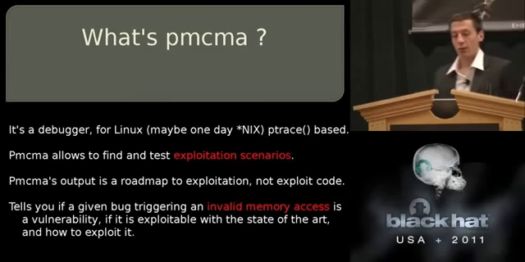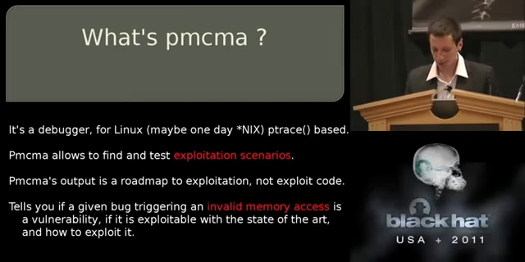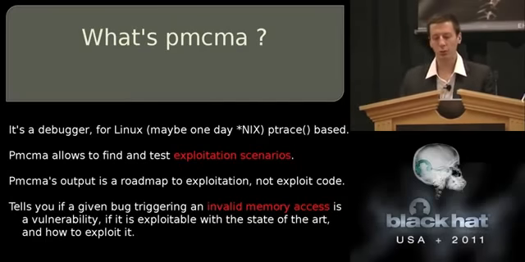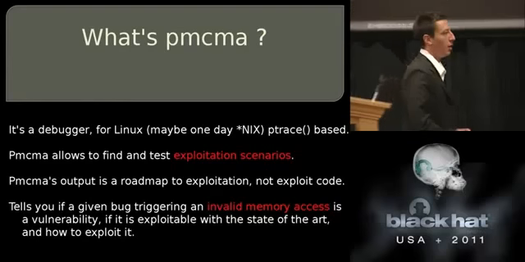So the whole talk is about Pmcma, which stands for Post-Memory Corruption Memory Analysis, or Memory Analyzer, if you will. It's basically a debugger based on ptrace. It should be portable to pretty much any Unix system, provided you have ptrace and fork. Actually, even Windows has fork. I discovered that a few days ago.